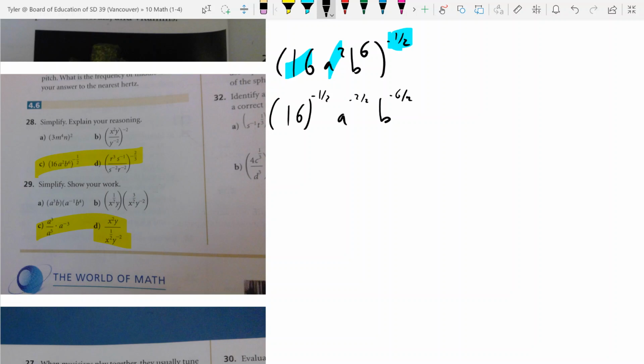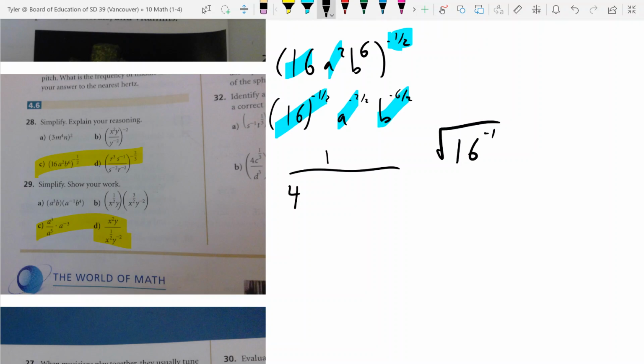So now we can simplify. The negative means that everything is going to move to the denominator because each part has a negative exponent. And then when we do it, 16 to the negative 1/2 is the same as 16 square rooted to the negative 1.